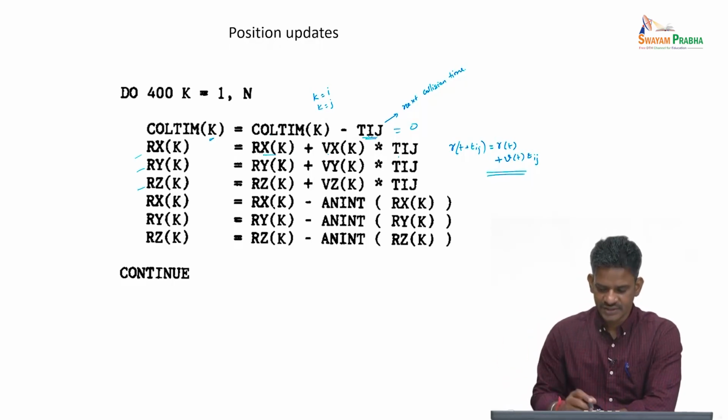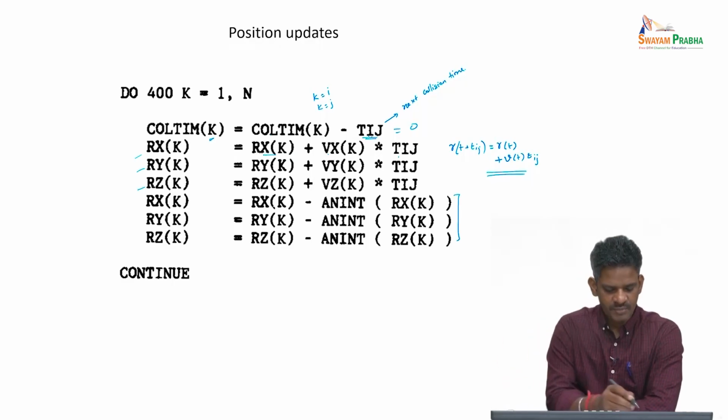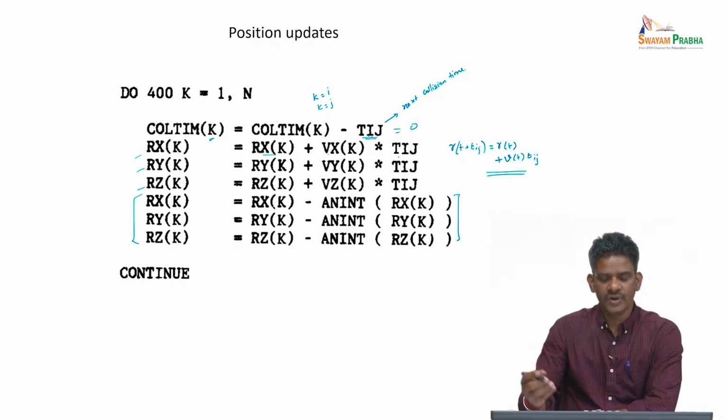For all these particles it is done, and then you can also apply the periodic boundary conditions, because by updating the particle positions, some particles might move out of the box, and we put them back into the box. So this allows us to update the particle positions.